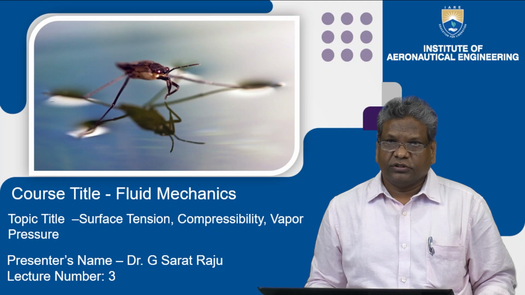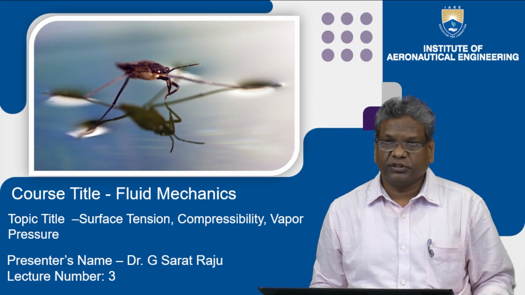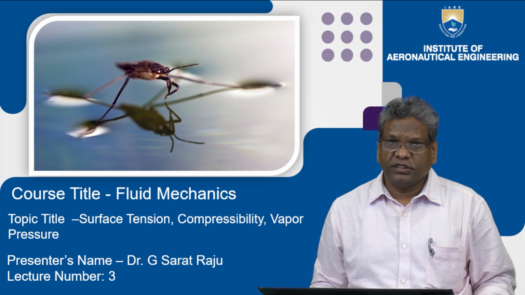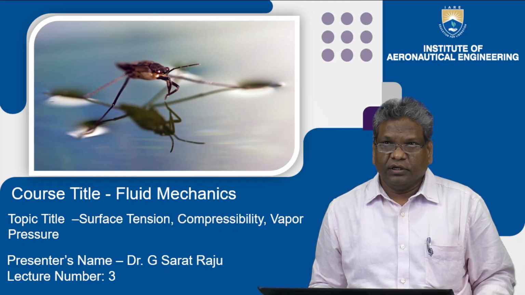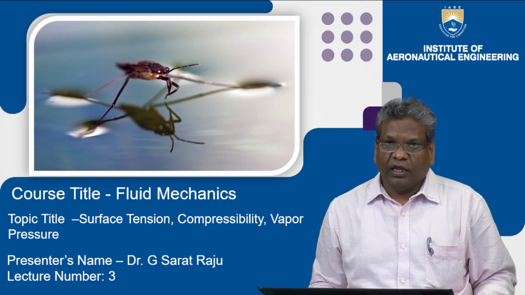So in today's class, I am going to discuss fluid properties. In previous sessions, we discussed mass density, weight density, surface tension, and then specific gravity. In this session, I want to discuss surface tension of a hollow bubble as well as a liquid droplet.